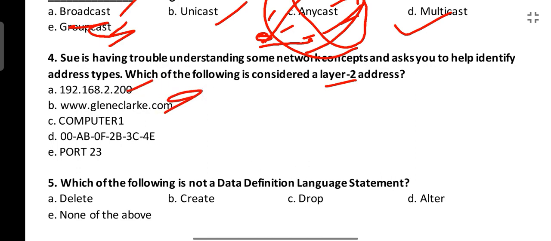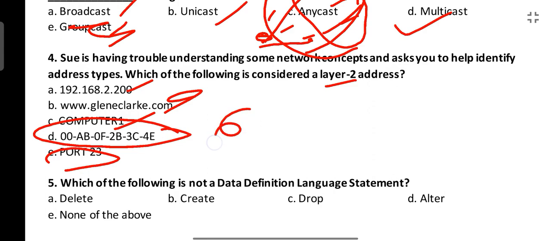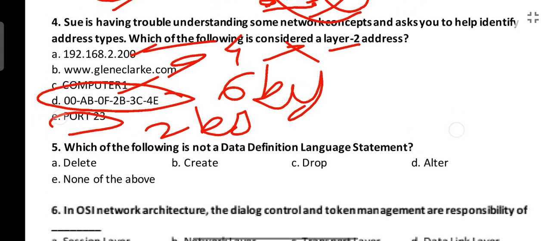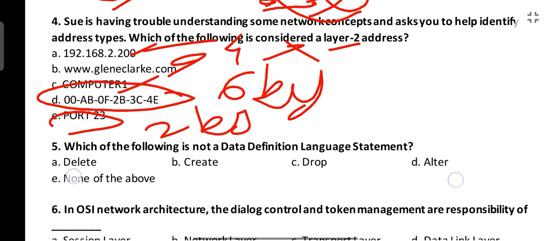This is some web server, website. This is a port address. Option D is the MAC address. So we know a MAC address is 6 bytes long and a port address is 2 bytes long. And an IP address is 4 bytes if IPv4, and if IPv6 then 128 bits. So the correct answer is D, that is MAC address.